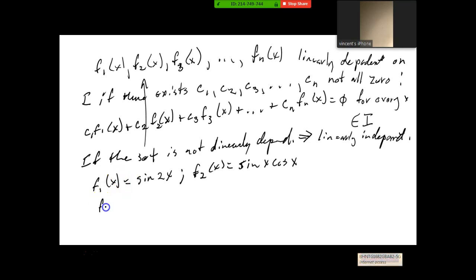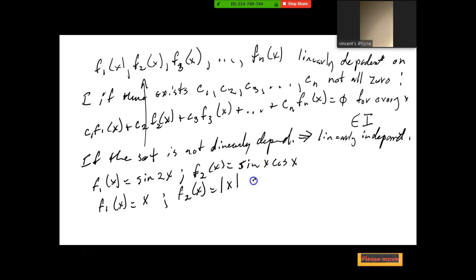if your F1 of x was x, the identity function, and F2 of x is absolute value of x, it seems like they are so similar, could they possibly be dependent?